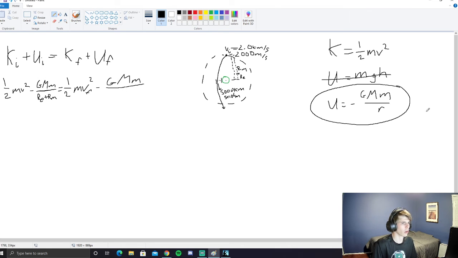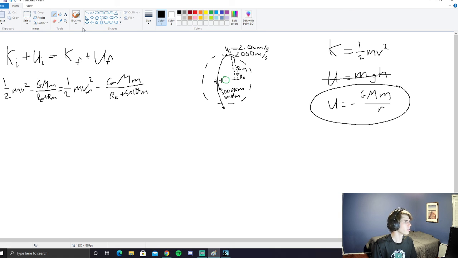For this little r, this is the distance between the center of the Earth and the final position of the asteroid as it's passing the Earth, getting within 5,000 kilometers. So that is just RE plus that 5,000 kilometers, or 5 times 10 to the 6th meters.